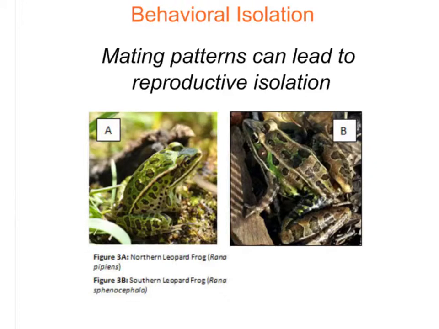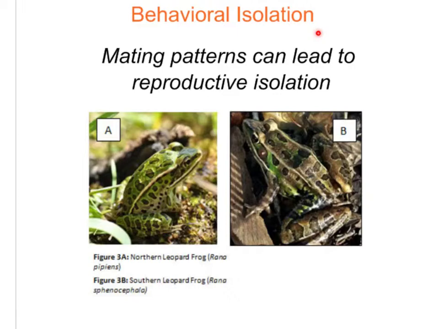Behavioral isolation can occur among animal populations, and we have that right here. If a mating pattern of a small group of organisms becomes different from that of the main group, they can become reproductively isolated. And eventually, the groups can separate and become different species.